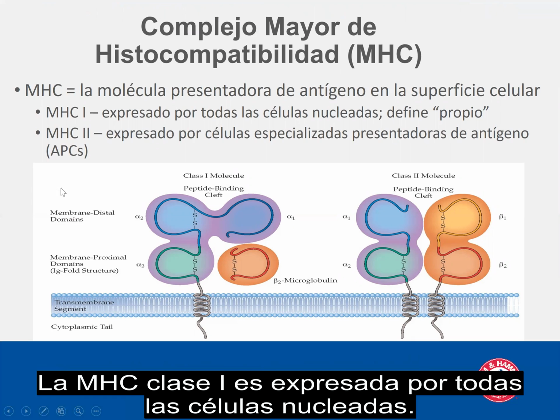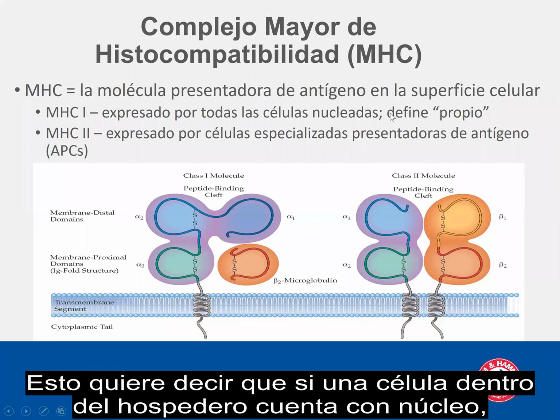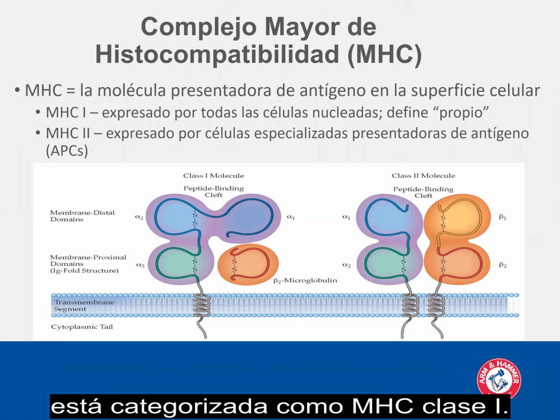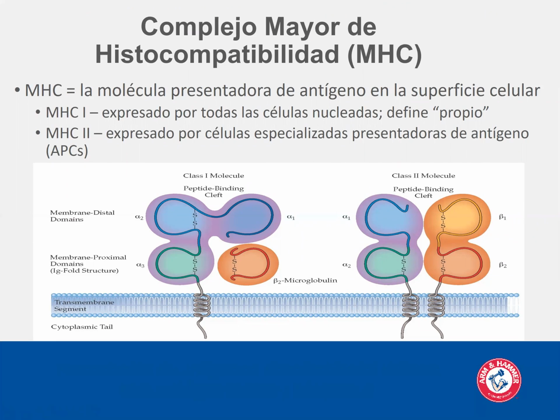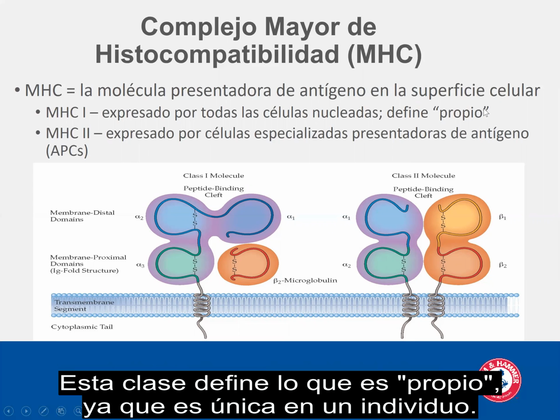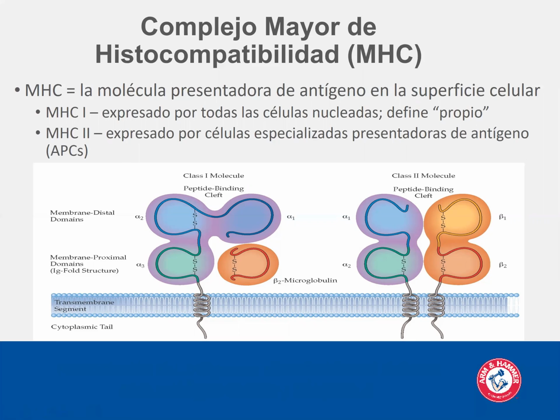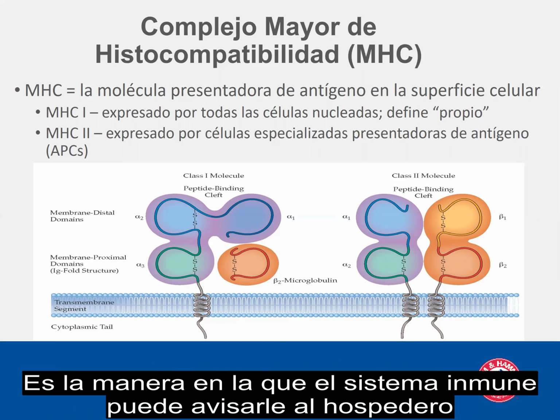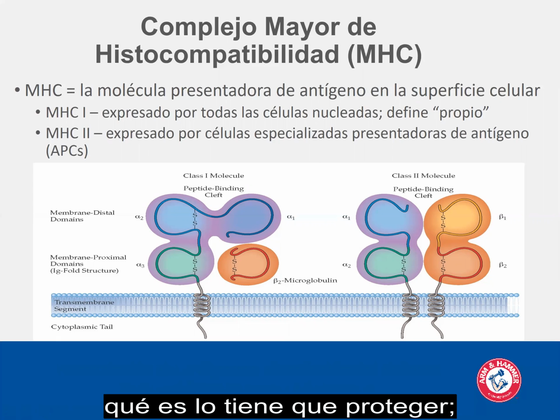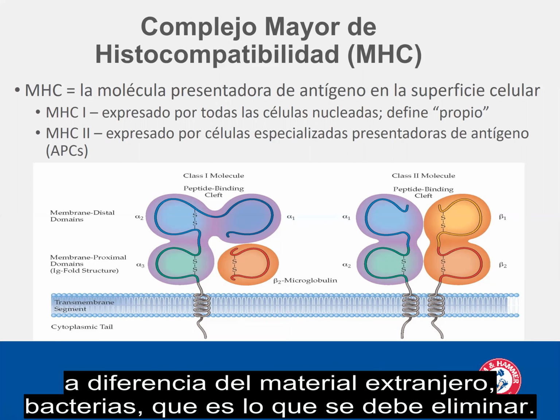The MHC class 1 is expressed on all nucleated cells. So every cell within the host has MHC. If it has a nucleus, it has MHC class 1. And it really defines self. So it's unique to an individual, and it's how the immune system can tell the host that it's supposed to protect compared to foreign material like bacteria that it's supposed to eliminate.